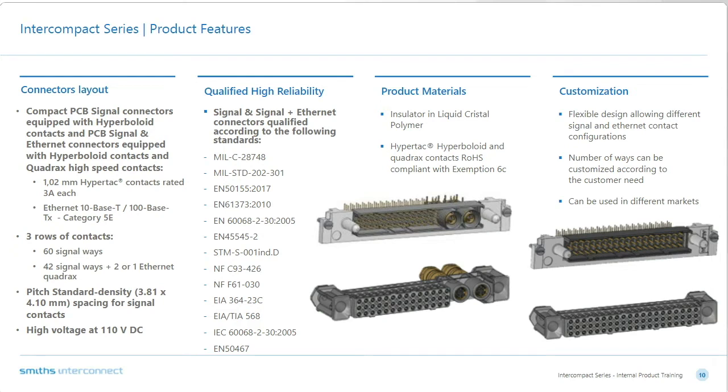So this connector has been built around hyperboloid technology. Now, hyperboloid technology, for those who are not aware of it, is a contact technology that has stood the test of time and is particularly used for high reliability under shock and vibration. And this contact technology is immune to fretting and corrosion, and therefore the deterioration that you see in those situations.